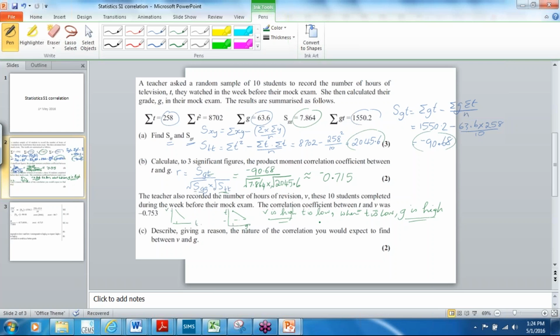So give a reason. Therefore, since V is high and corresponds with G is high, we have what's known as a positive correlation.